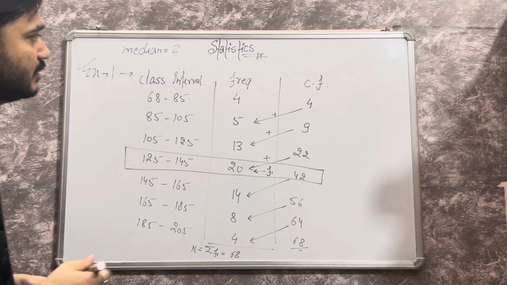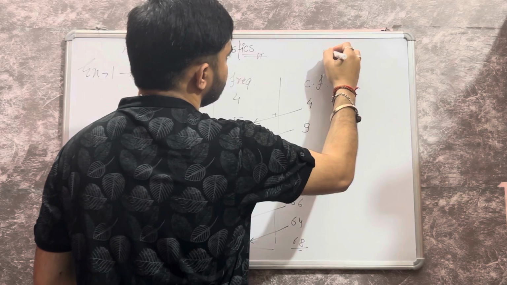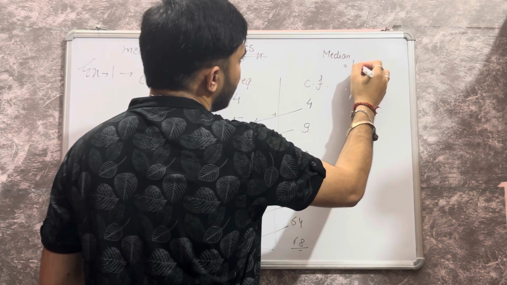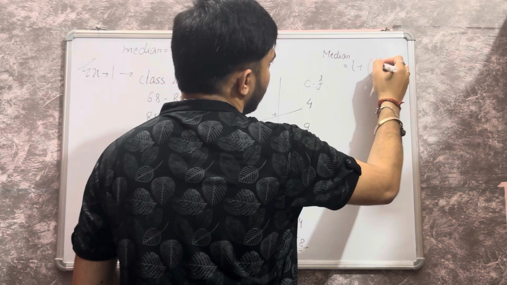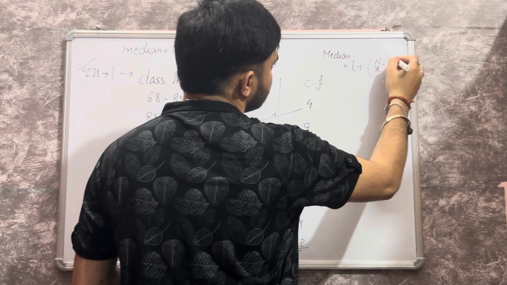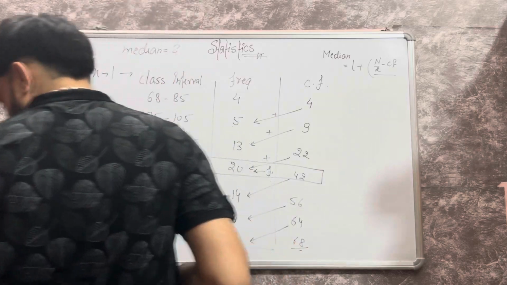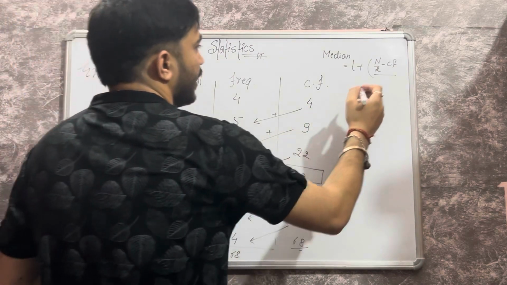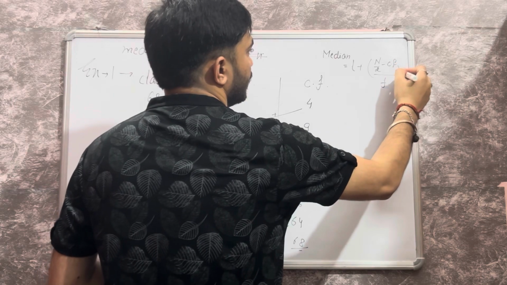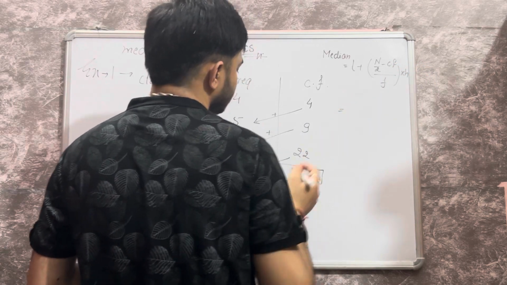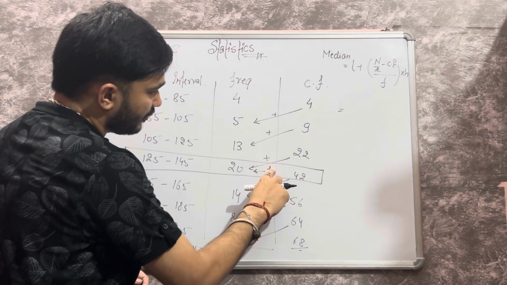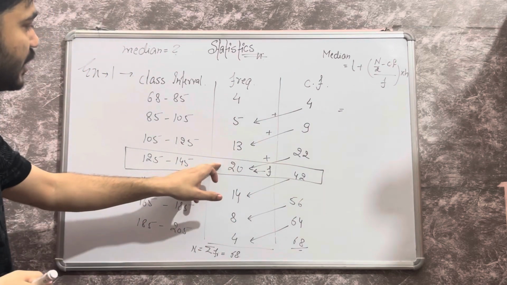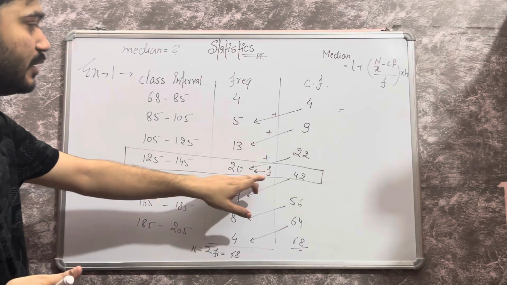Now let us apply the formula of median: L plus n by 2 minus CF, divided by F, into H. You don't have to write F1 here, you just write F. The biggest frequency in the frequency table is known as F.